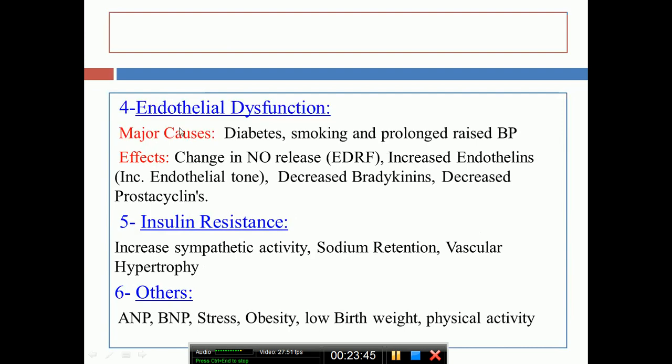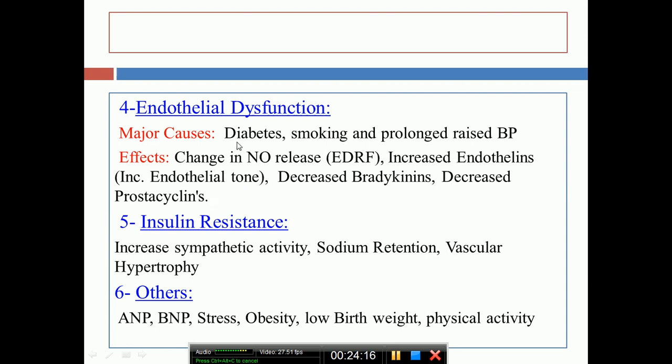Again, change in nitric oxide release, that is endothelial derived relaxation factor. If nitric oxide is released from the endothelium, it will cause vasodilation, and increased endothelins. Endothelin is a factor that causes vasoconstriction or increased endothelial tone. Decreased bradykinin, decreased prostacyclin. These are the mediators.